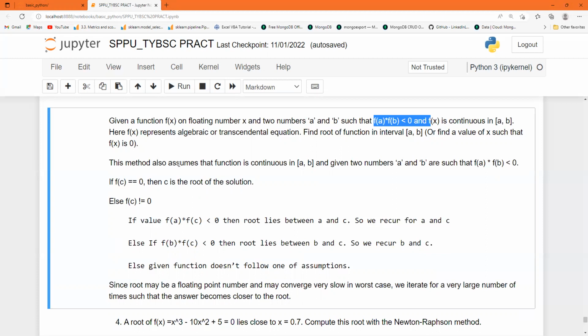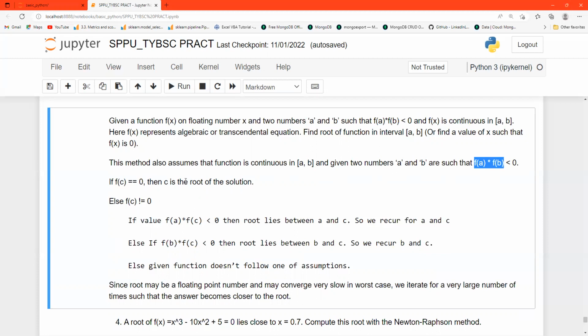This method assumes that the function is continuous in the interval you have given, and the given two numbers a and b are such that f of a into f of b is less than 0.